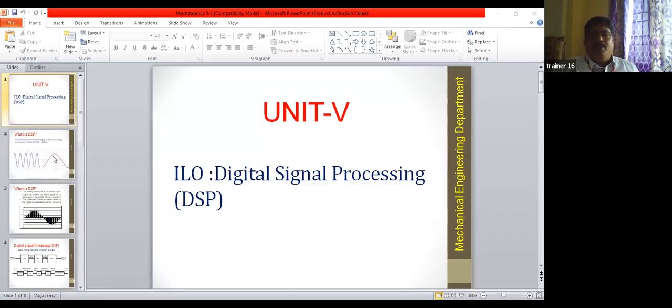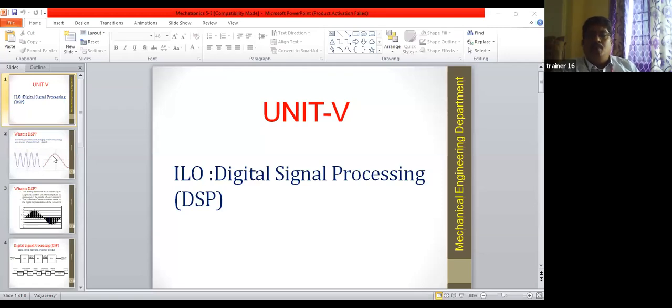In between analog to digital conversion and digital to analog conversion, there is a digital system, that is a microcontroller or microprocessor. A sensor or transducer detects the variable from the environment and sends it to the ADC, the analog to digital converter.